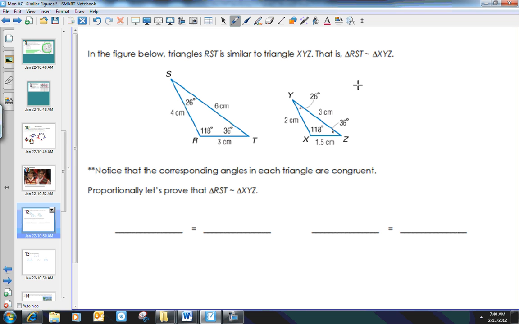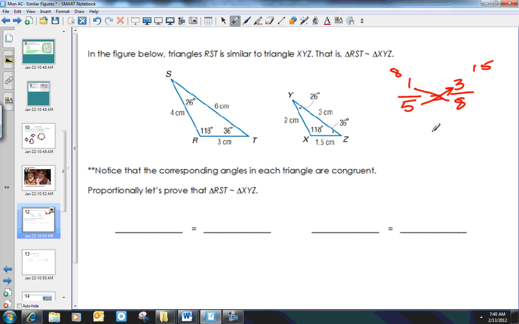And let's take a minute to review how we figure out if something is proportional. If we have two fractions, 1/5 and 3/8, we can figure out if it's proportional by cross multiplying. 5 times 3 is 15. 1 times 8 is 8.